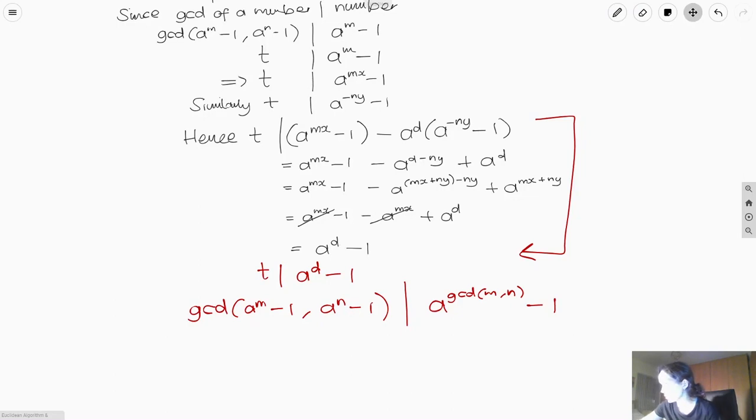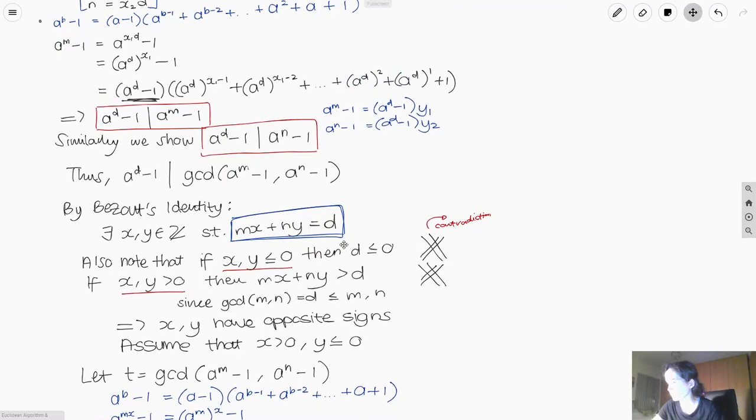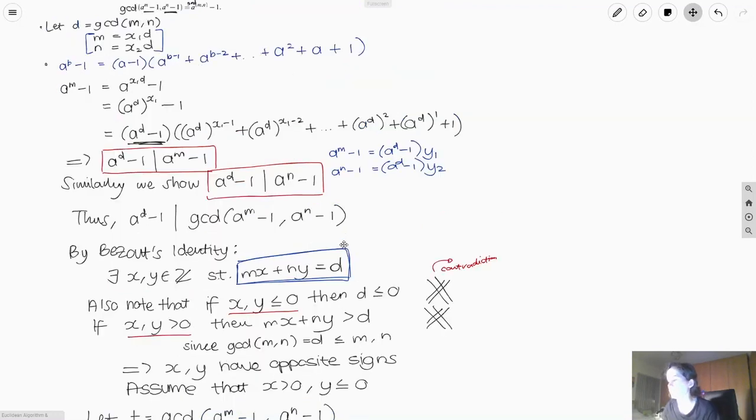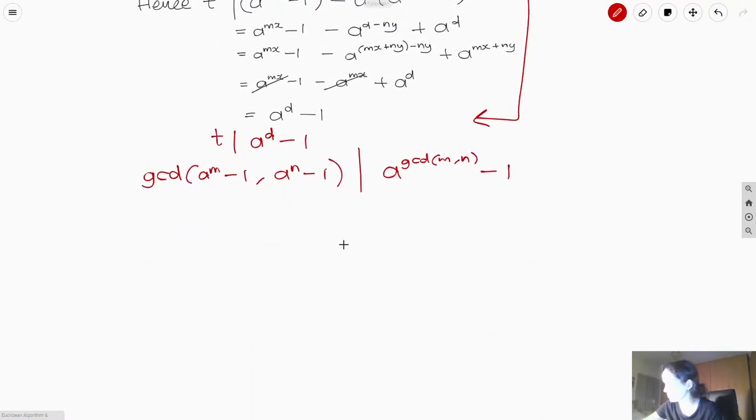And we also had this. Along with this statement, we also had that a^(GCD(m,n)) minus 1 divides the GCD of a^m minus 1 and a^n minus 1.